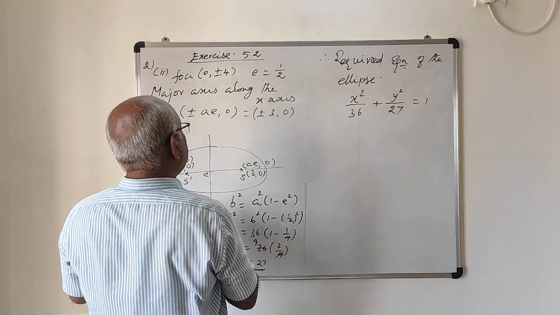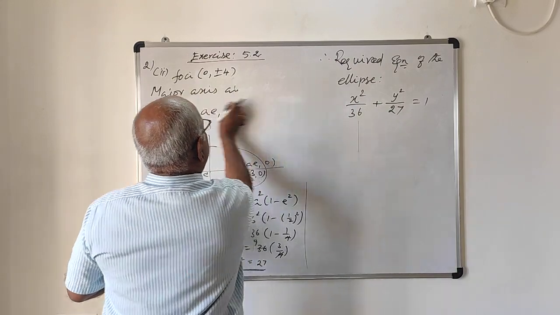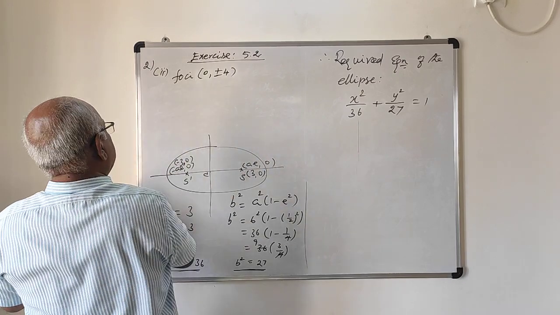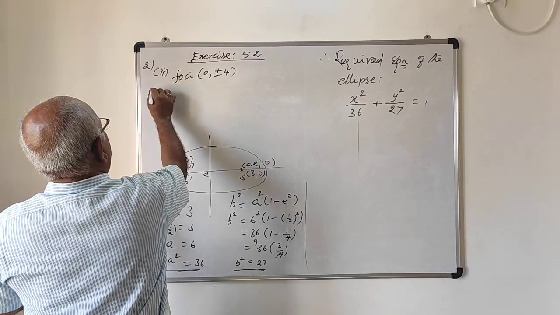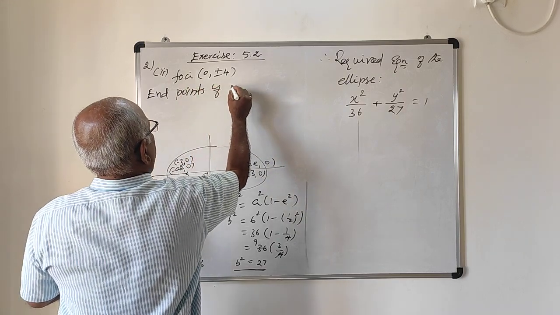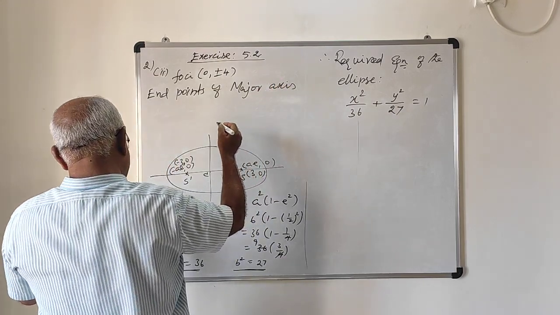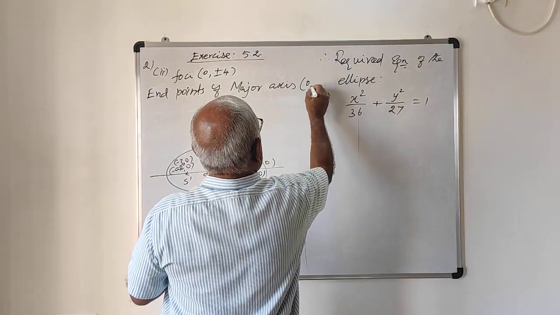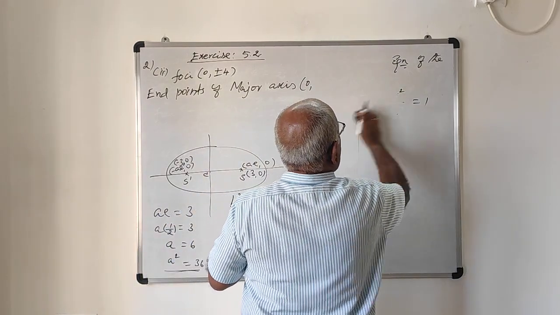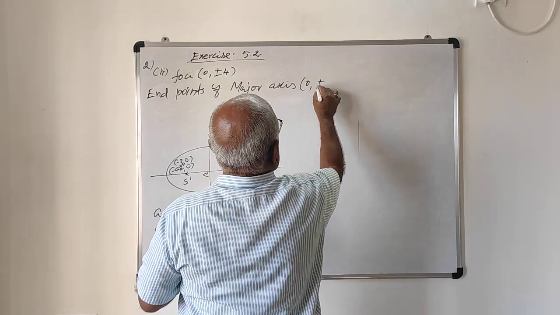Here, instead of only foci being given, endpoints of the major axis are also given. Foci is 0, plus or minus 4. Endpoints of the major axis are 0, plus or minus 5.